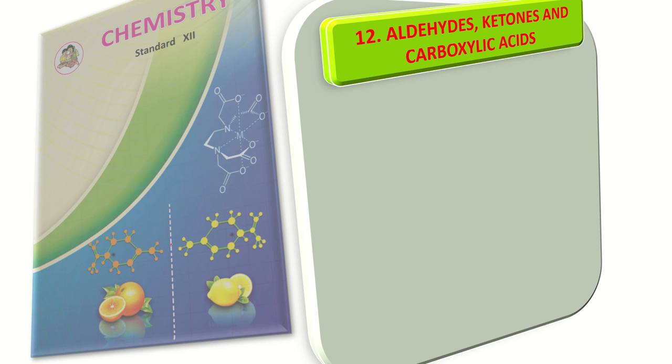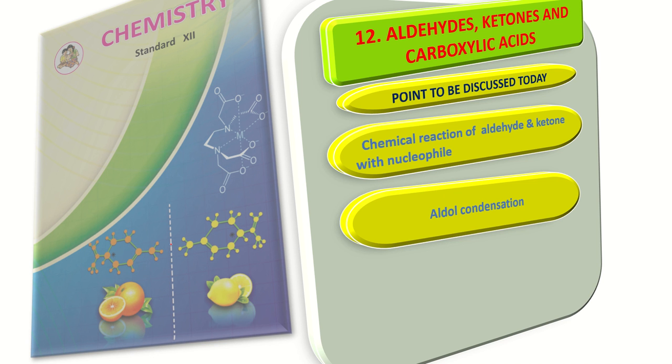In the last video, we have completed the chemical reaction of aldehyde and ketone with the nucleophiles. So let's continue the same point from the chapter number 12, aldehyde, ketones and carboxylic acid.